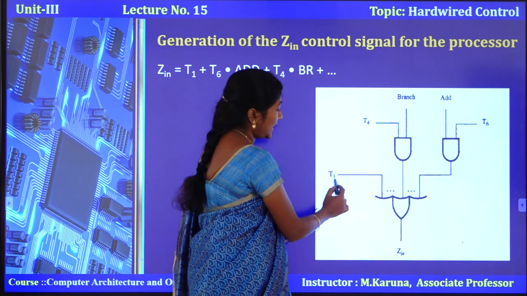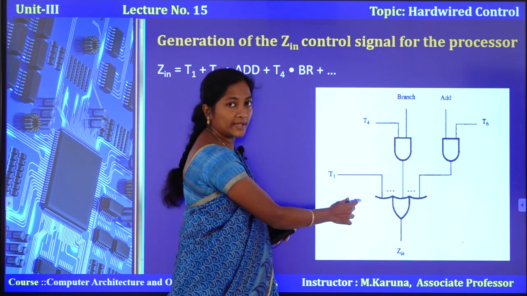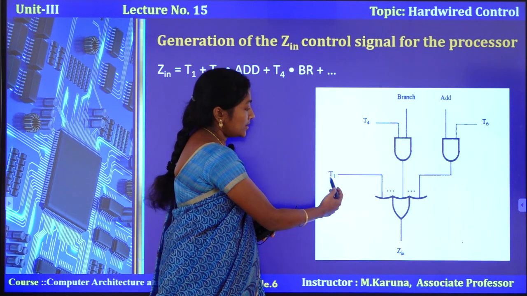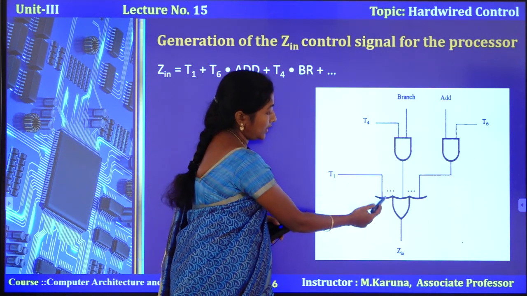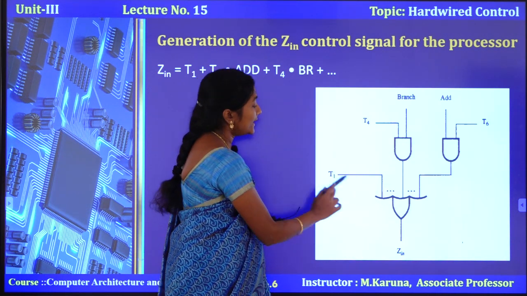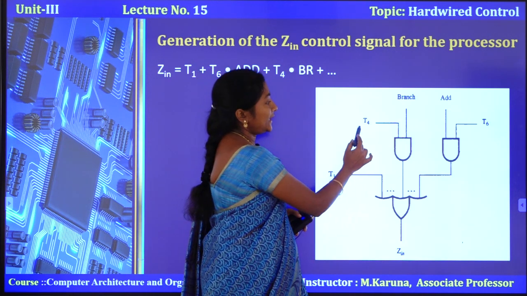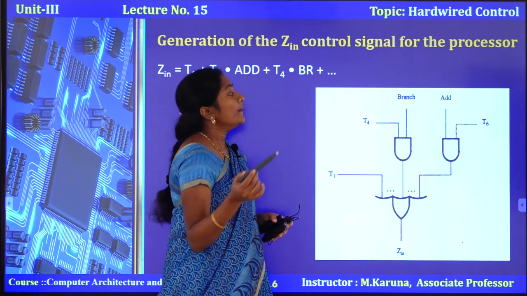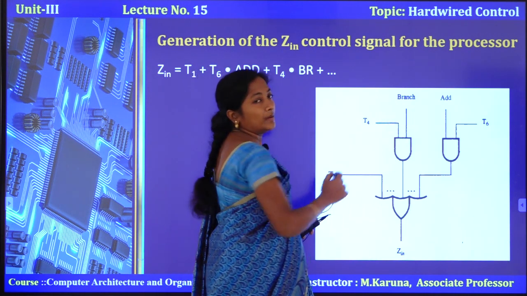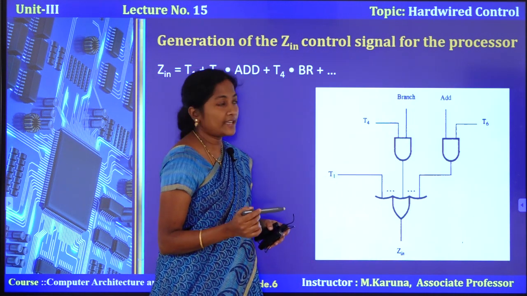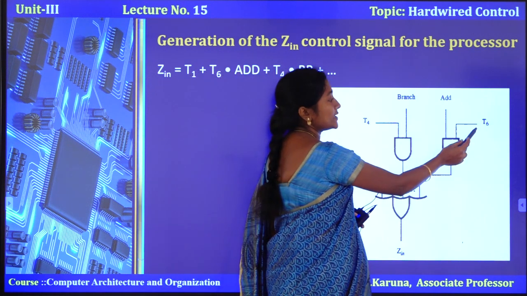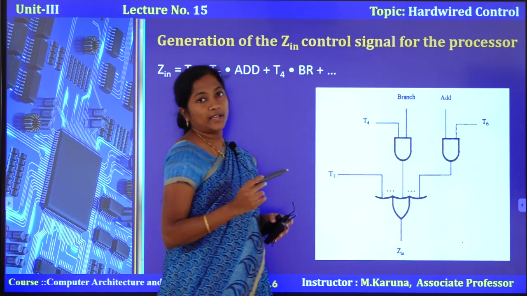Here the T1 clock cycle is issued by the step counter. Zin is always high during the T1 clock cycle. Now the T4 signal is generated for the branch instruction and the T6 clock cycle is for the add instruction.